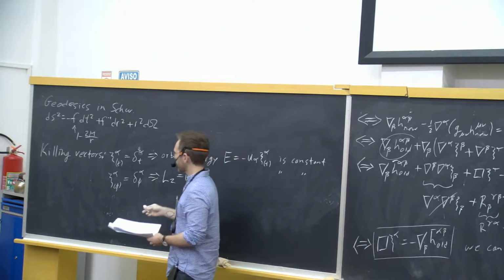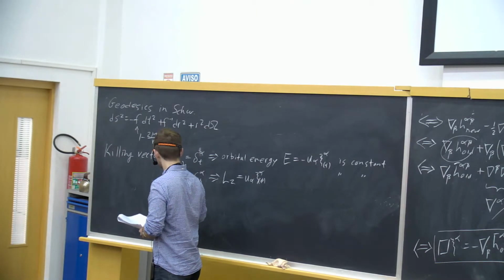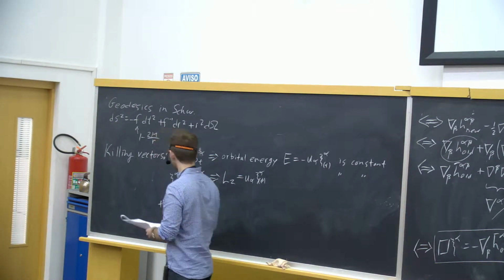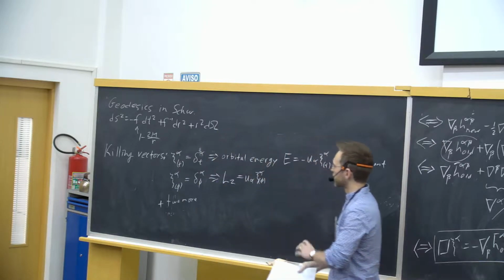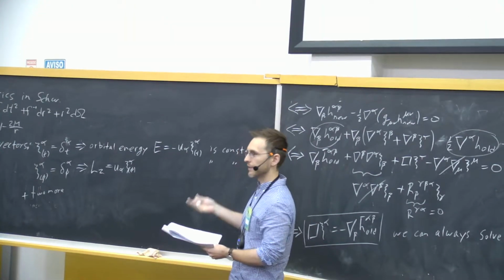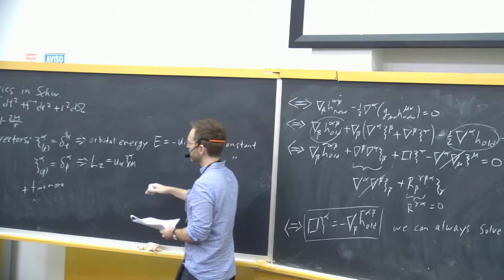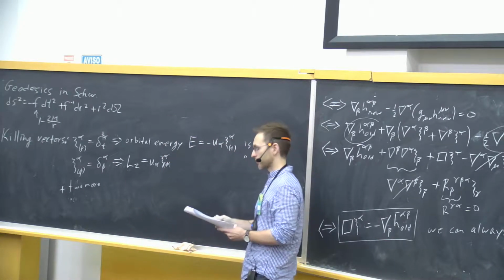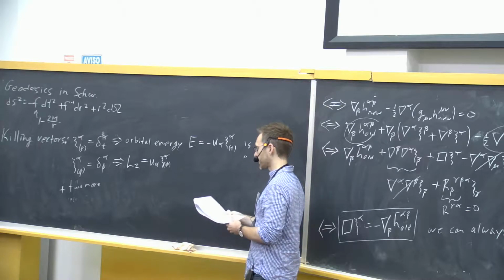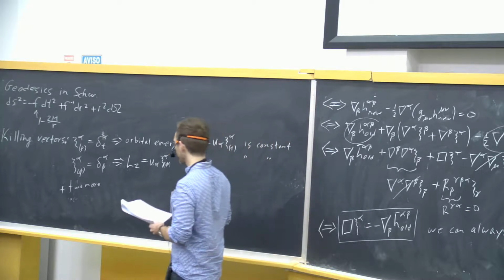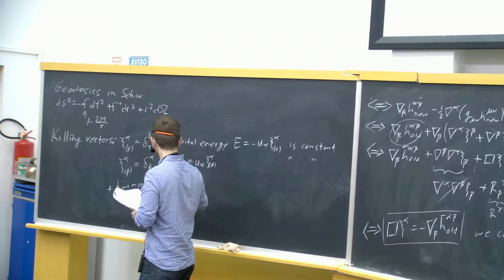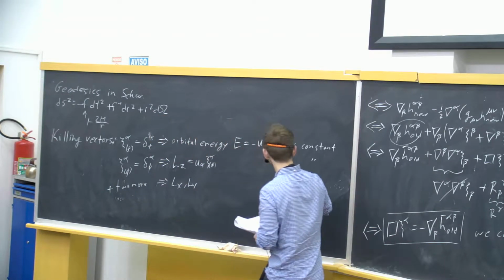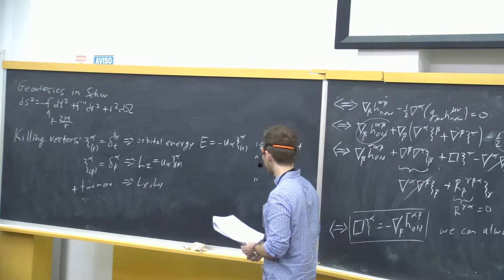The other two Killing vectors correspond to rotations about the x-axis and the y-axis, and so they correspond to conserved angular momentum in the x direction and conserved angular momentum in the y direction. So Lx and Ly are also constants of motion.